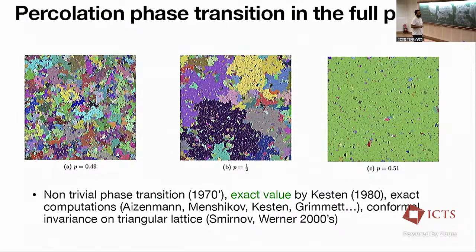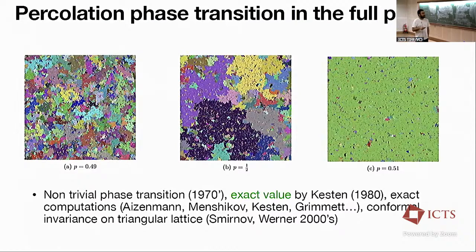As Ioan explained last week, there is a phase transition for percolation. For percolation, you have a critical value at P equals 1/2 on Z2. That's one of the very few lattices where you can explicitly compute the critical value of the model. I'm going to look at what happens around P equals 1/2, at something called the correlation length, or characteristic length.